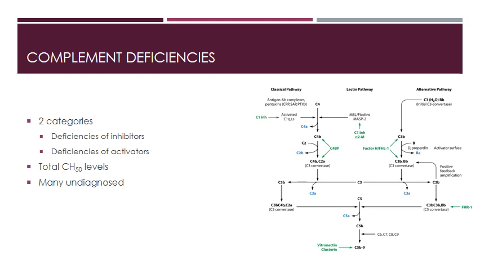So the patient is going to have too much bleeding, too much complement activity. So that leads to things like hereditary angioedema. Okay, that's a C1 esterase inhibitor deficiency. They could have hemolytic uremic syndrome. That's a factor H inhibitor deficiency.